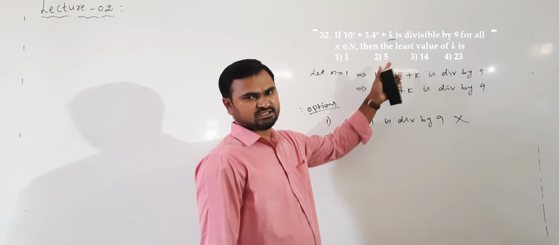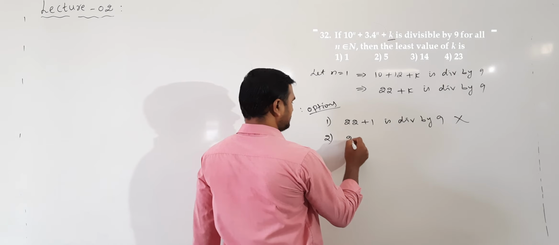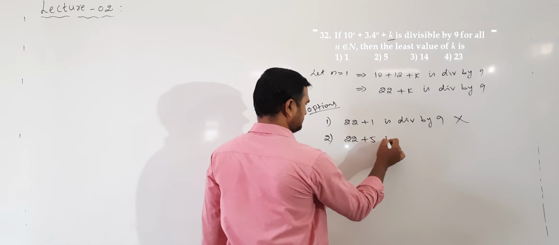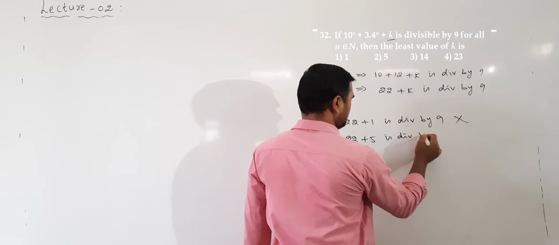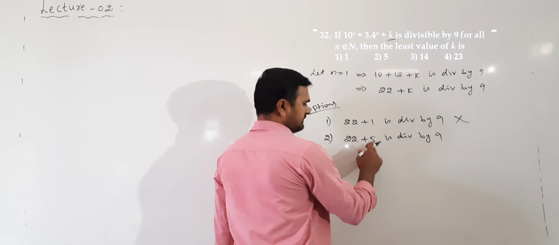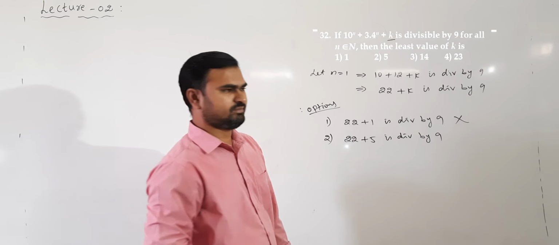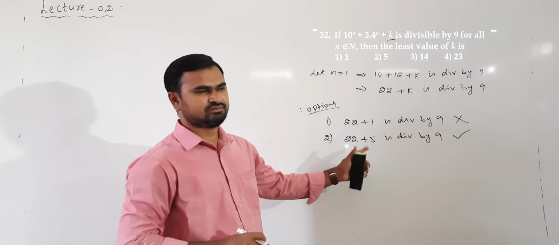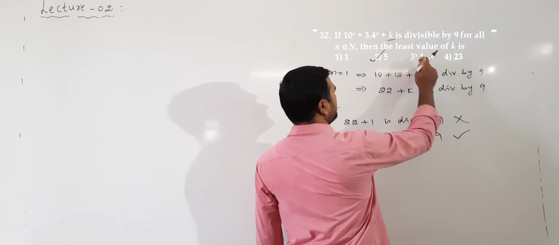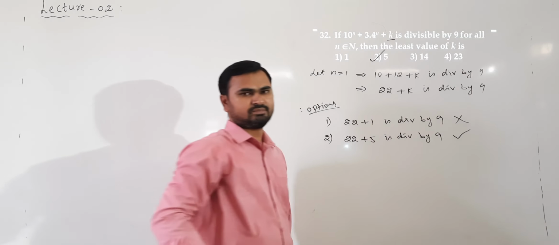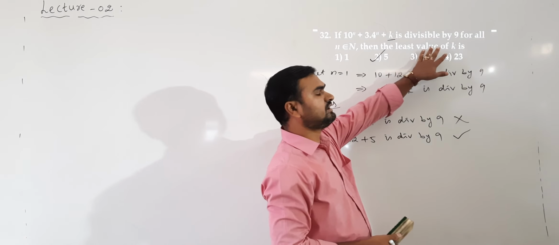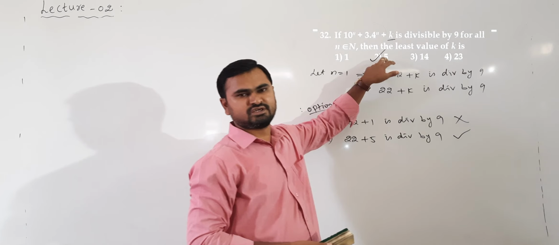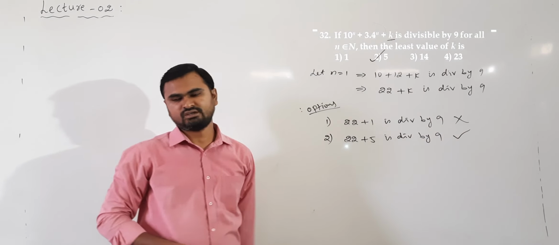Next least value is 5. 22 plus 5 is divisible by 9. 22 plus 5, 27 is divisible by 9. It is correct. So the least value will be 5. That is required. Maybe other options are also divisible, but they are asking what is the least value of k. So least value of k will be 5. Okay.